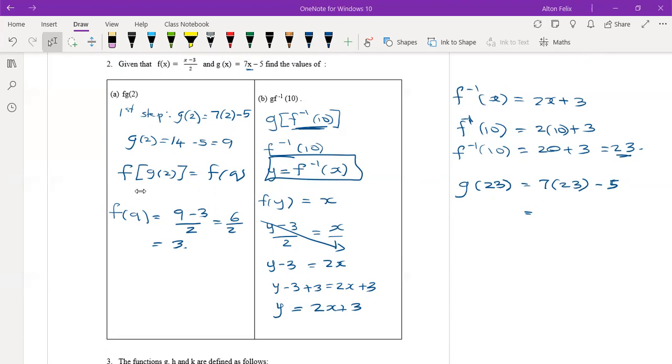That's 161 minus 5, 156. Right, so we are more or less finished with the sums here, and we are given our value for gf inverse 10, which would be 156. Okay, so we are good right there. So let's go to the next one.